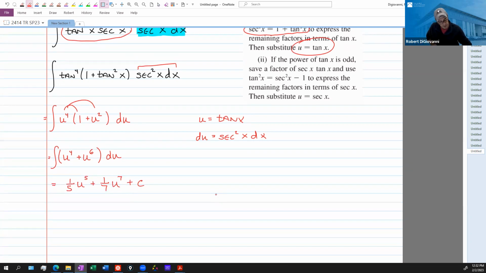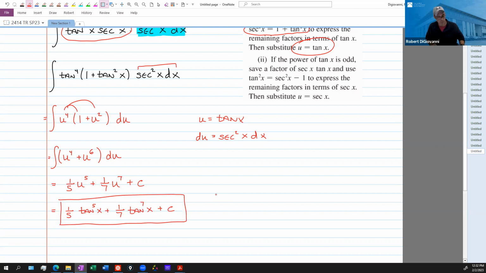And then replace your u with tangent. So 1/5 tangent to the 5th x plus 1/7 tangent to the 7th x plus c. There you go.